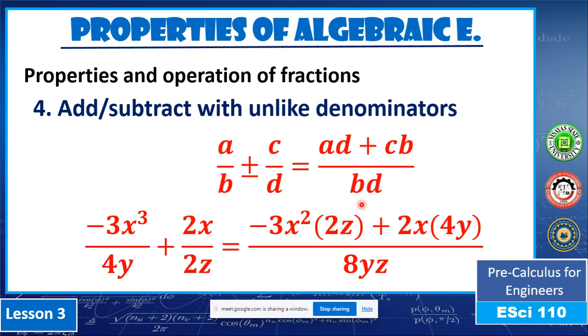So hindi to siya equation. So we're just going to add or subtract two fractions that have dissimilar denominators. But I think, yeah, in my case also, I've noticed that there is a pattern. It's like you just cross multiply this in order to get the first term and then cross multiply this in order to get the second term.